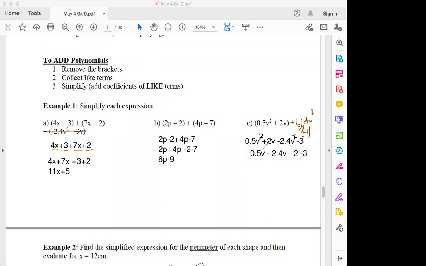I'm going to put my squares back on here. Okay, and then you're going to add them together. So 0.5v squared minus 2.5v squared gives you negative 1.9v squared, and then minus v. I forgot to add my v all along here. So there are v's after these guys. Okay, and then our squared.